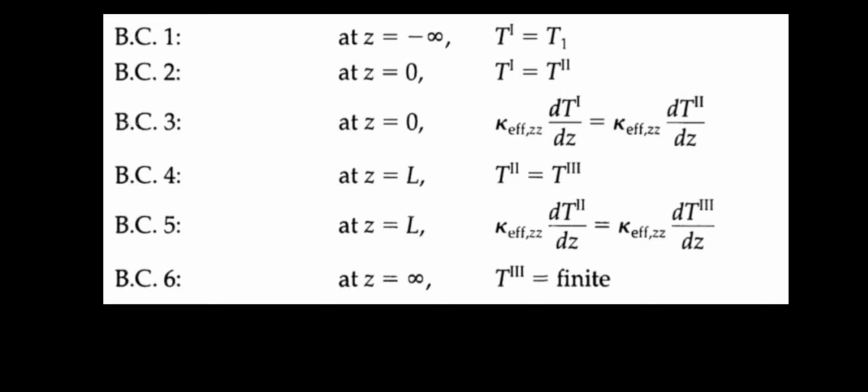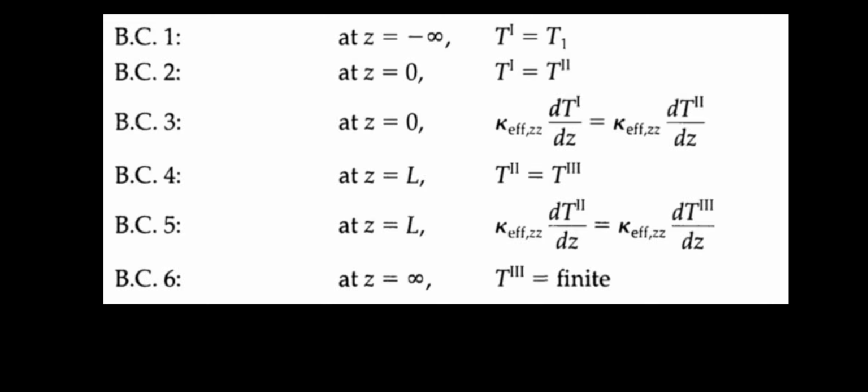That is, T at z equals 0 minus equals T at z equals 0 plus. This is a fundamental requirement based on the principle that temperature should be a continuous property in a continuous medium. Abrupt temperature jumps at an interface would violate the laws of thermodynamics under these conditions.